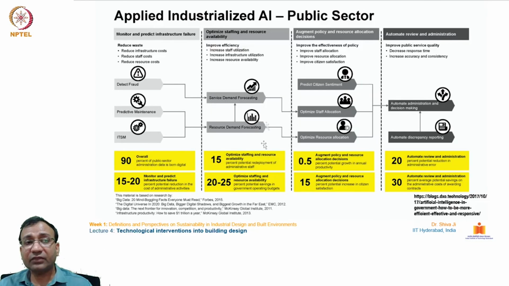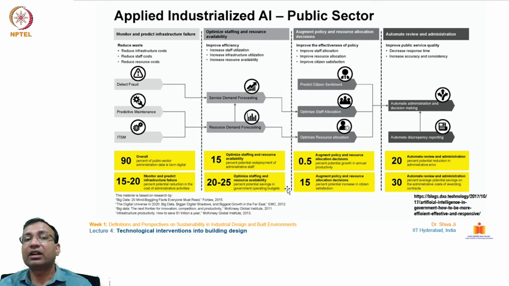In the second column, optimizing staffing and resource availability, a 15% potential redeployment of administrative staff and 20 to 25% potential savings in government operating budgets are possible. Further, 0.5% potential growth in annual productivity can also take place.